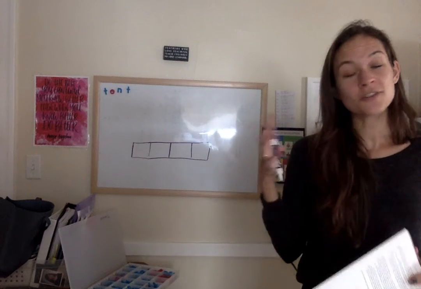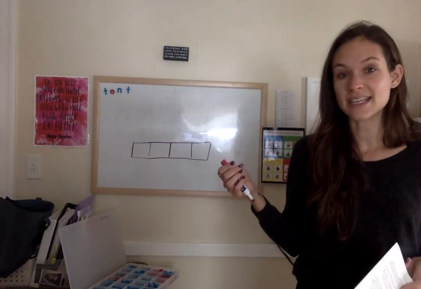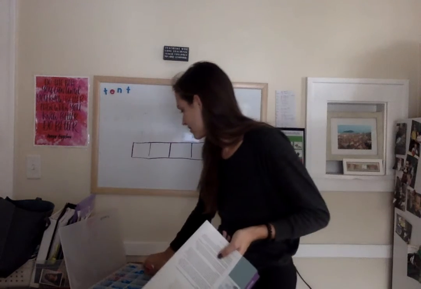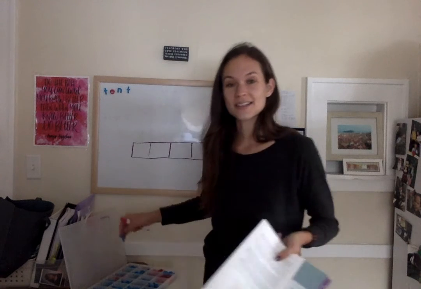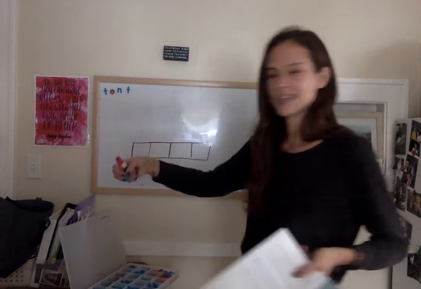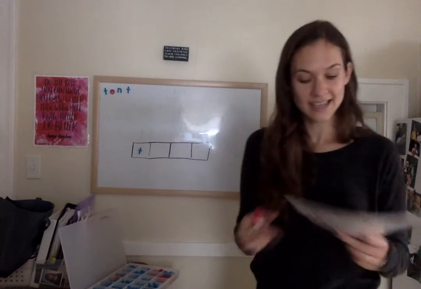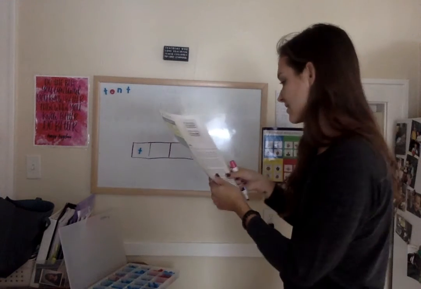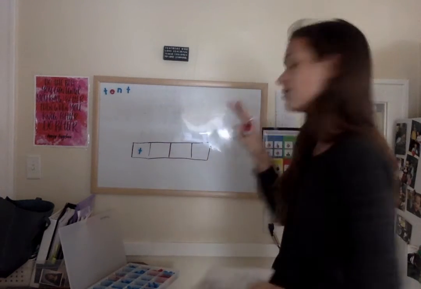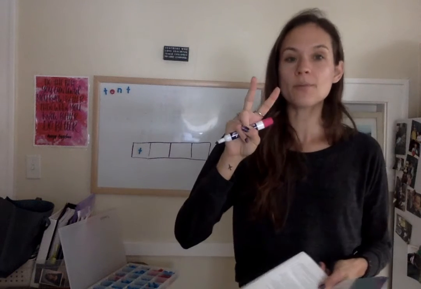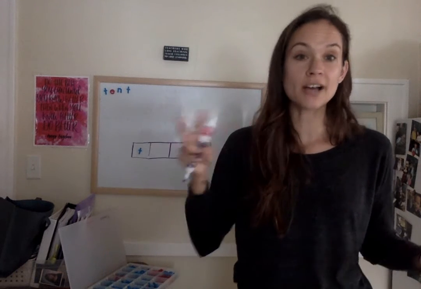So let's start. What's the first sound you hear in team? T, t. And what letter makes the t sound? The letter T. Now the next sound is eat, eam. And sometimes there's 2 letters that will make a long sound.